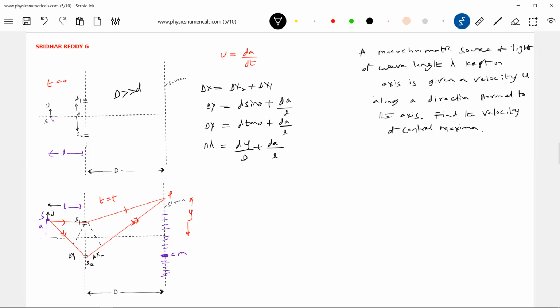We are interested in the position of central maxima. Setting it equal to n lambda, so what is YCN? It should be equal to A capital D by small l into it. Let me differentiate this.